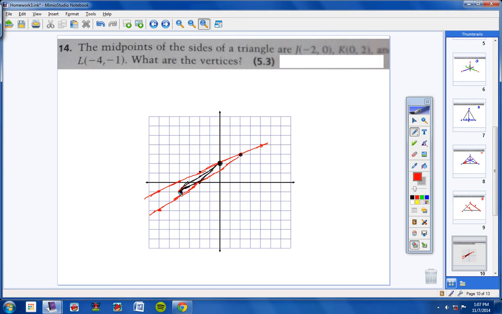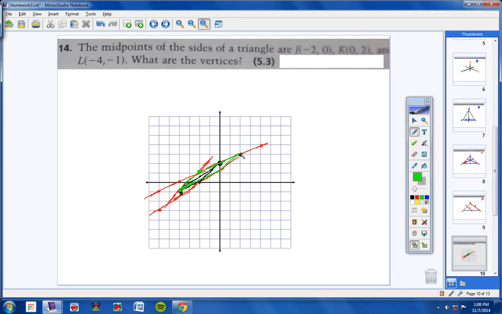From here to here. I've never seen a worse drawing, but your triangle is, I'm going to change colors to green. I don't know how this is going to show up, but anyways, there to there to there.